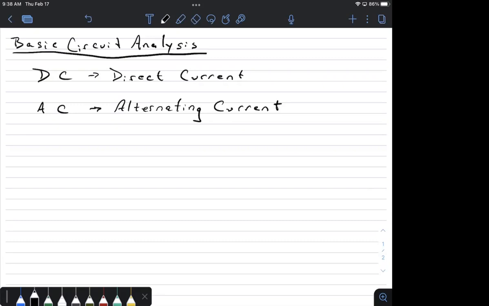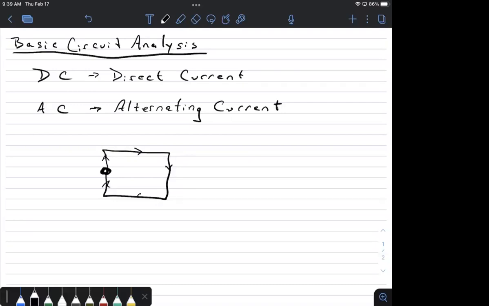Either you'll have a circuit. So let's say here's my circuit, I'll draw a little basic picture here. If this is the starting point, then the electrons flow in one direction and they keep flowing all around the circuit, cycling around over and over again. That's called direct current. Something in the circuit pushes the electrons through the wires, they move in one single direction, and they go all the way through the circuit, coming back to the beginning and circling around again, which is where we get the term circuit.